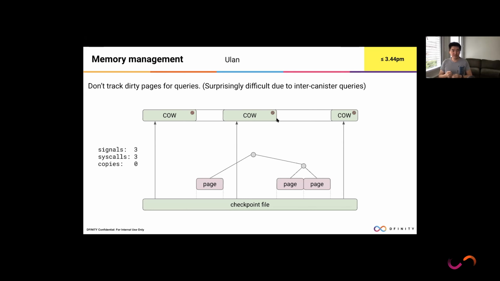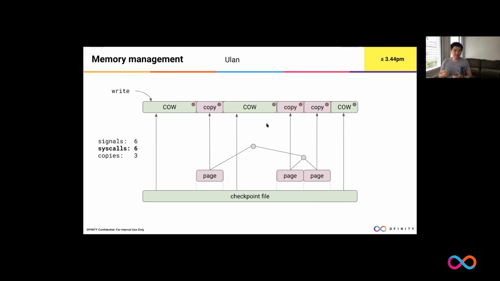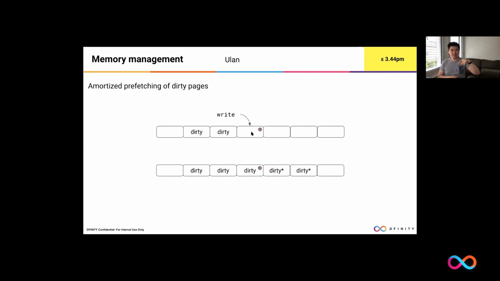And on the next slide, before we go to the most impactful one, this is the same workload, but running for a query, and the number of syscalls is reduced to 6 from 17. And on the next slide, I think the most impactful optimization is for updates. We still need to keep track of each page individually.